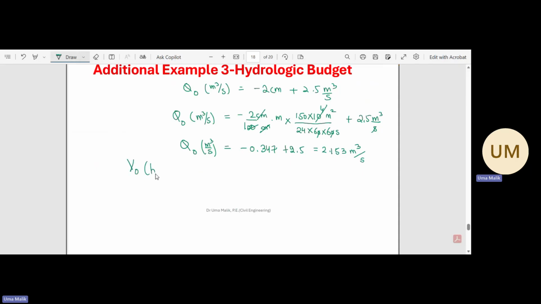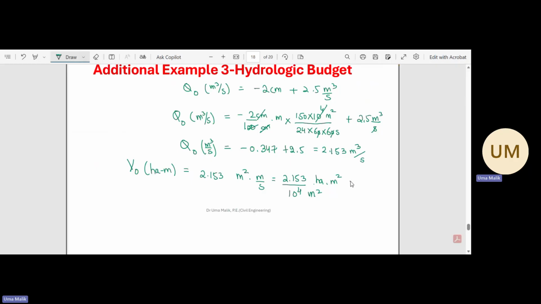You will be calculating 2.153 meter cube per second, divided by 10 raised to power 4 meter square per hectare, and you need to calculate it in hectare meter.